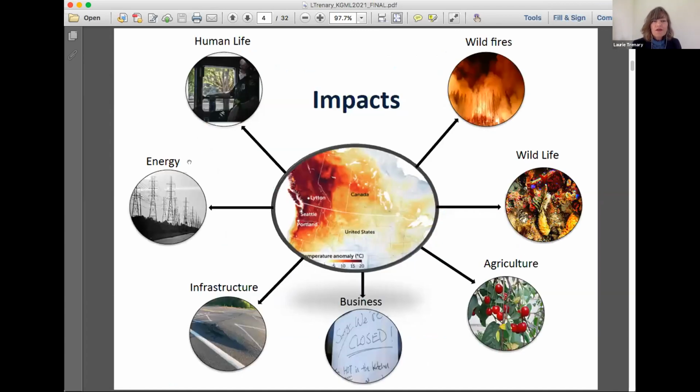Associated with this heat wave are impacts across many sectors of society, from human life to agriculture and wildfire. So if we can advance our capabilities to make accurate subseasonal predictions, we could minimize the cost of human life and also minimize the impacts to these other sectors in society.